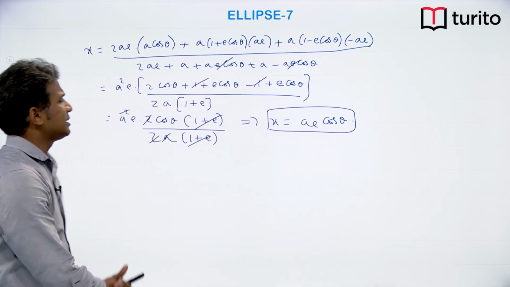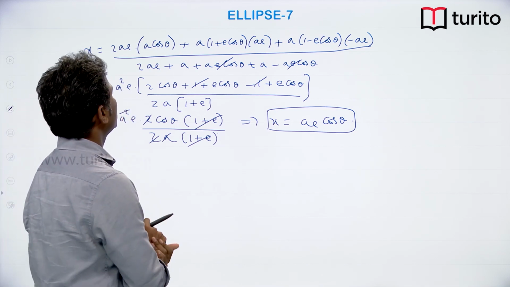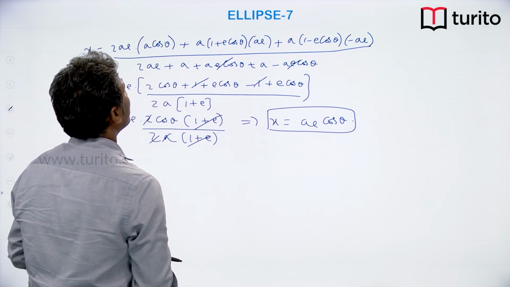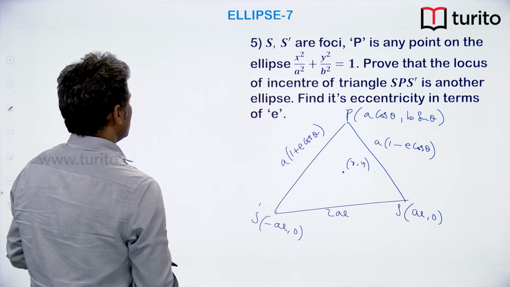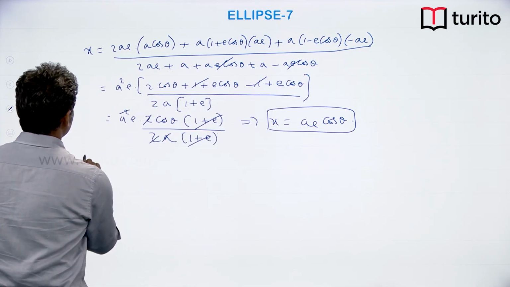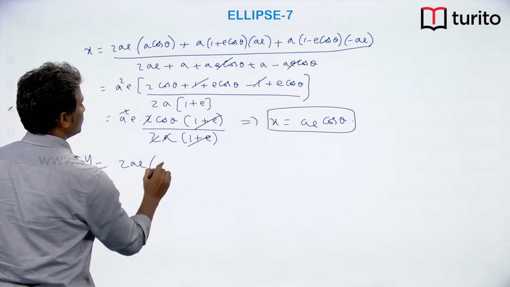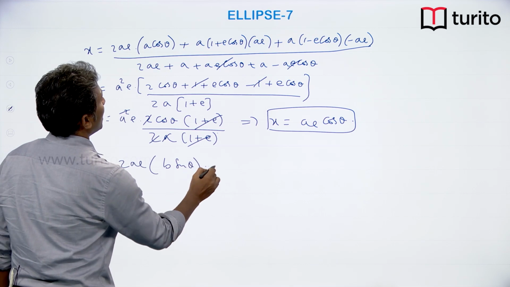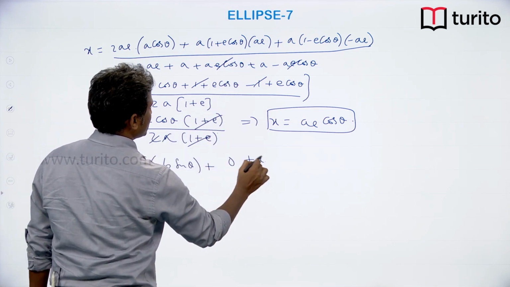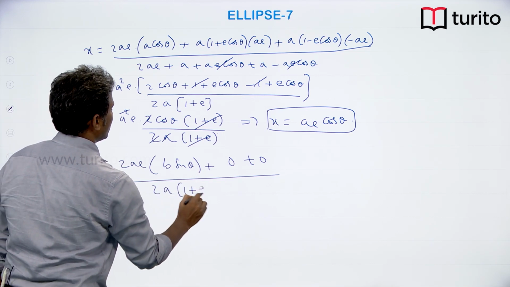Okay. Now, similarly we can get the y coordinate. Let me just check if I have done any mistake here. So, this seems fine till now. Okay. So, let us find the y coordinate here. It will be 2AE into B sin theta, and remaining terms become zeros, and in the denominator anyways we are getting 2A into (1 plus E).